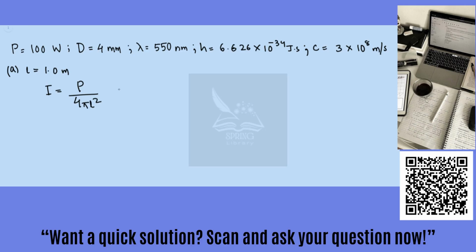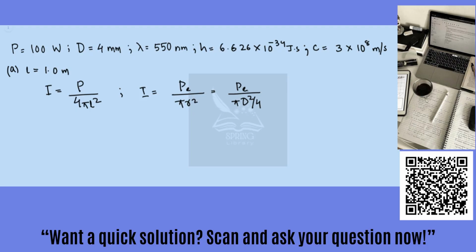So yeah, also the same intensity is equal to power entering the eye, let's call it PE, over the area of the pupil exposed, which is pi r square. And here we are given the diameter, so this will be PE over pi d square over 4.